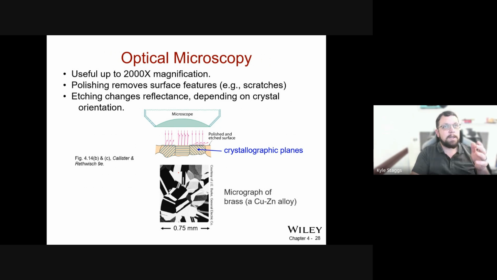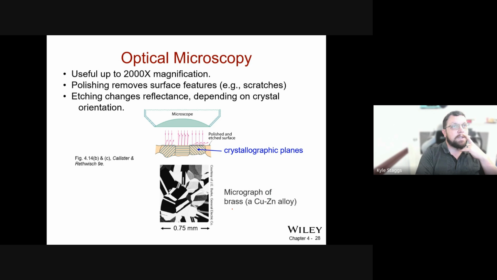This gives you an idea of a few different crystalline orientations of the same material with these grains. This is a top view of these three-dimensional grains, and they are in fact three-dimensional. This is an example of brass, which is a combination of copper and zinc primarily.